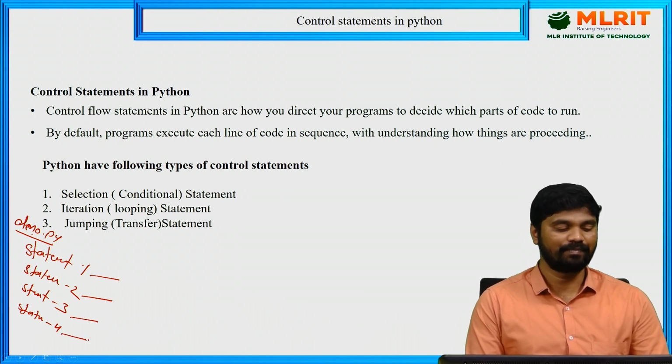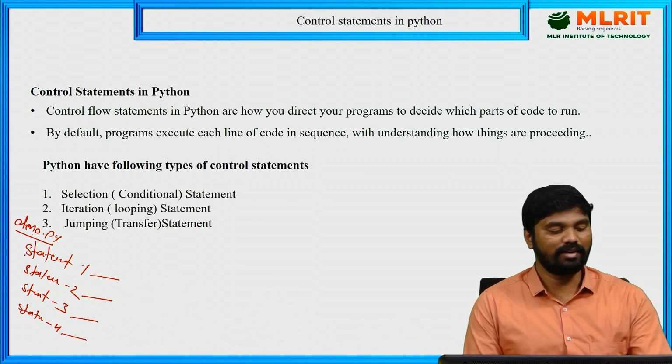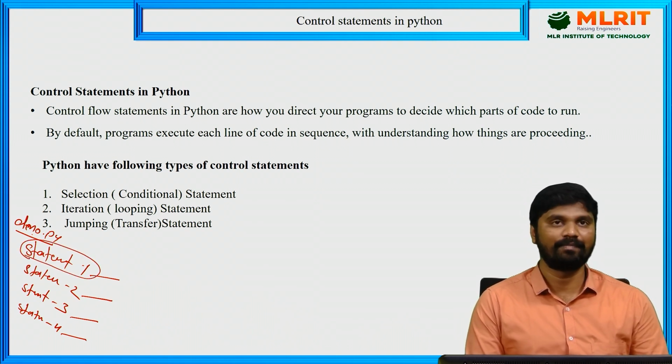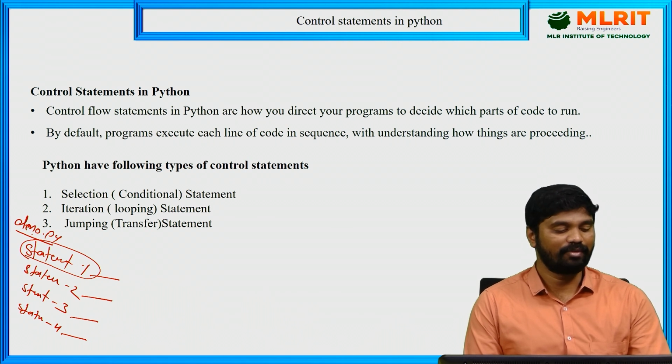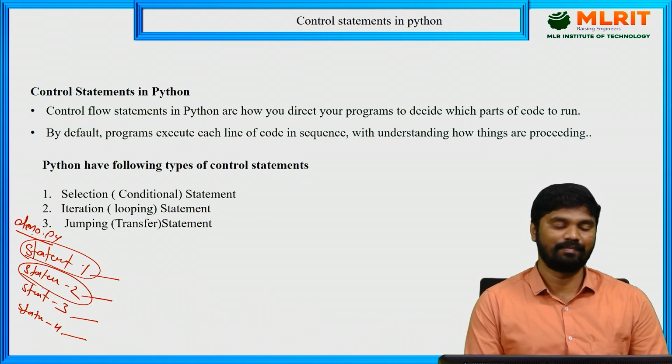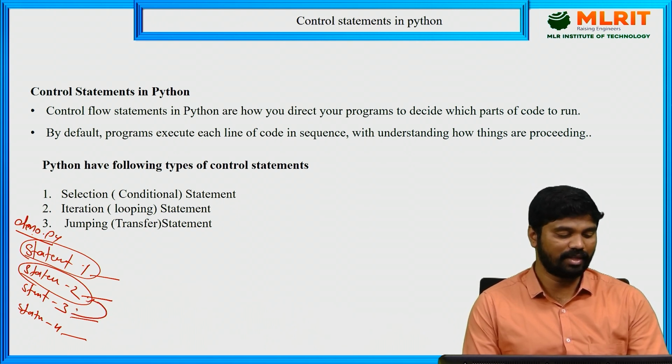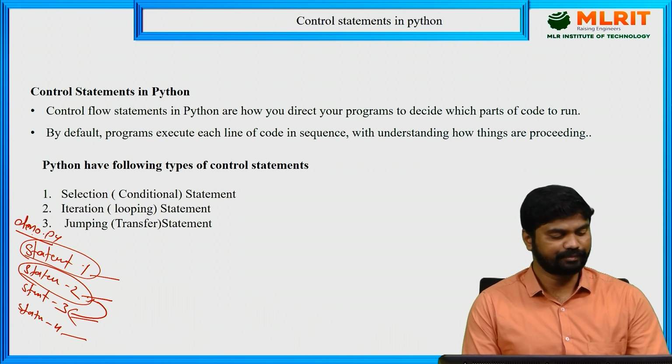That means statement 1 is executed. Once statement 1 is executed, immediately, what is the next statement we have? Statement 2 is executed. After statement 2 is executed, which statement is next in order? Statement 3. Once statement 3 is executed, which statement is next in order?